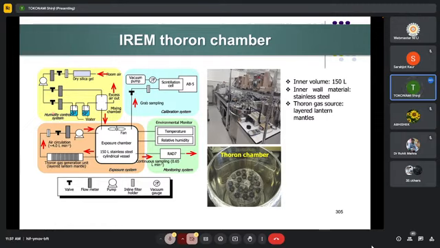Here is the thoron gas generation unit and the grab sampling for the calibration system. In our case, we use scintillation cells for intermittent measurement. For continuous monitoring, we use a RAD7 for thoron concentration measurements, and we also measure the temperature and relative humidity in the chamber using the environmental monitor.